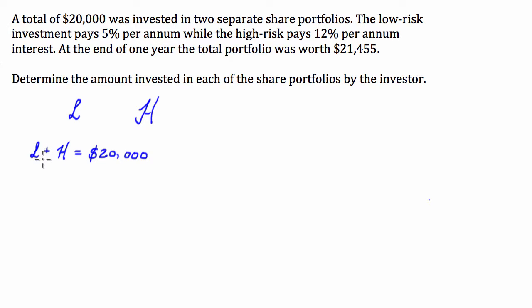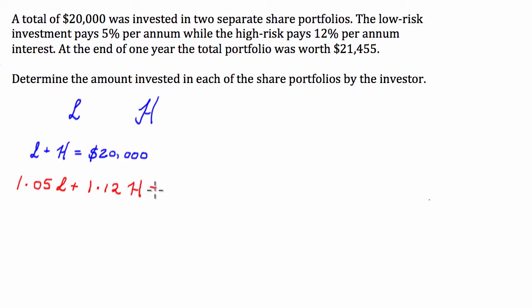So basically for the second equation, we're going to add 5% to the low risk portfolio. To add 5% we multiply by 1.05 times the low risk portfolio. And we're going to add that to the high risk portfolio that's had 12% interest added to it. So you guessed it, it's going to be 1.12 times the initial value of the high risk portfolio.